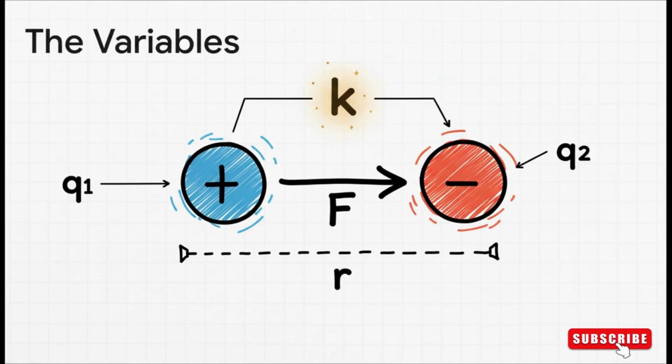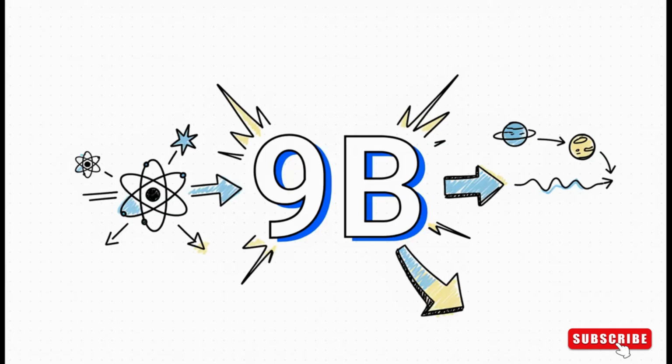Simple enough? R is the distance between them. And K? Well, K is just a special number we call Coulomb's constant. And this constant, this K, it is huge. We're talking 9 billion. That gigantic number tells us something really important. This electrostatic force is, by its very nature, incredibly powerful. At the scale of atoms and molecules, it completely blows gravity out of the water.